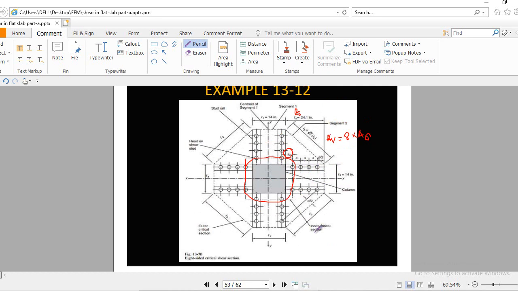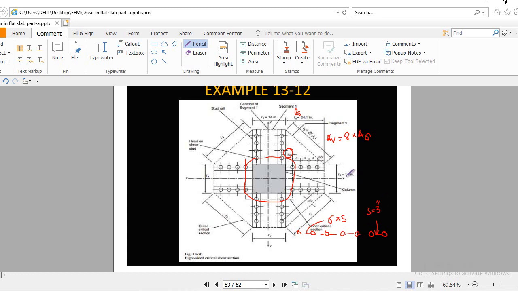Because you see, if you are placing 7 studs, 1, 2, 3, 4, 5, 6 and 7. So here 1, 2, 3, 4, 5 and 6. So we have 6 spacings, so we have to multiply this with s. This is basically s, and it is fixed that s equals 3 inch or d by 2.